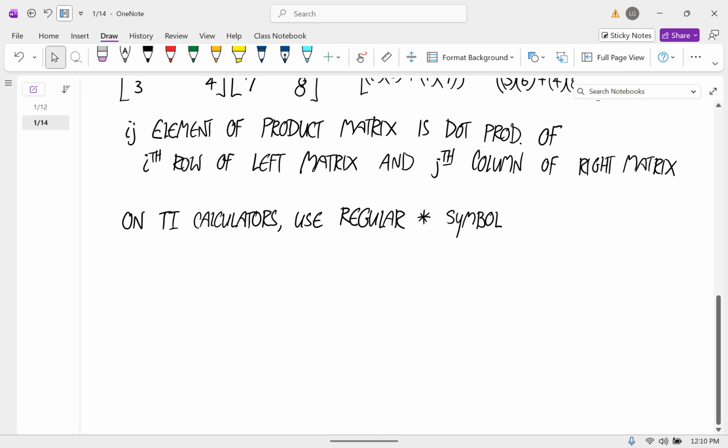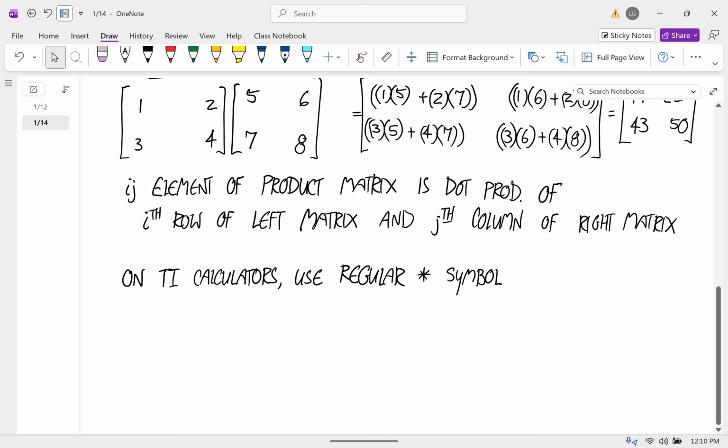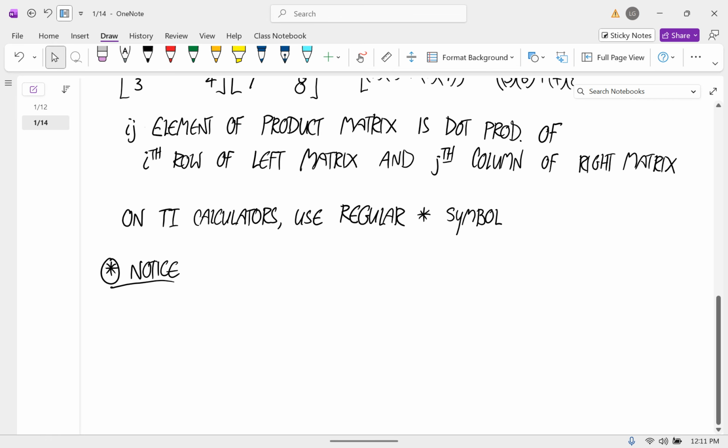There are a few mathematical things I want you to know about matrix multiplication. The first one is for a matrix product to exist. What I'm saying here is you can't just multiply any two matrices. There are rules for what matrices can be multiplied together.